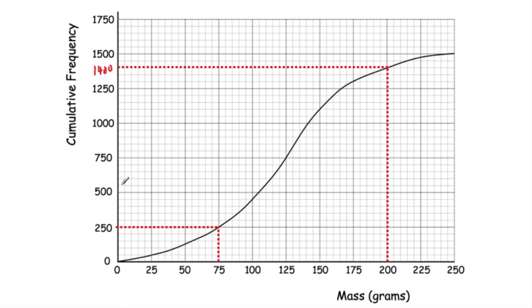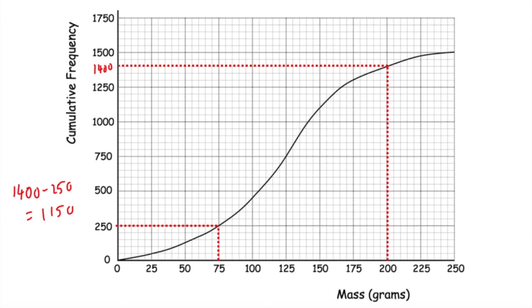So in terms of the number of medium apples, there's 1,400 apples that weigh less than 200 grams, but 250 of them are small apples, weighing less than 75 grams. So if we take them away, 1,400 take away 250 is equal to 1,150 apples that are in between 75 grams and 200 grams. So in other words, 1,150 medium apples. So let's write that down.